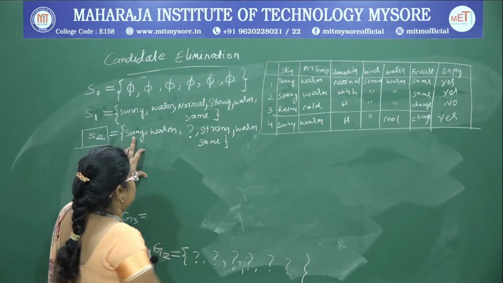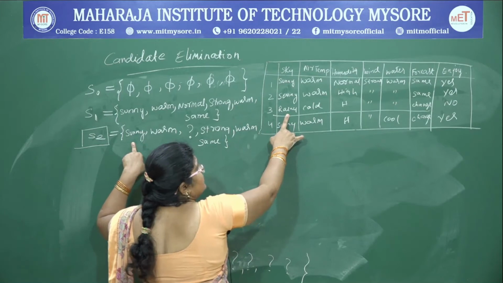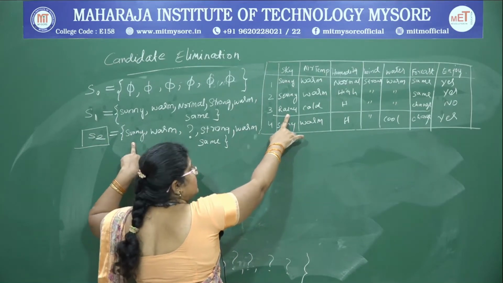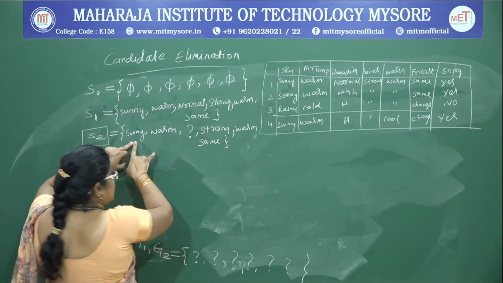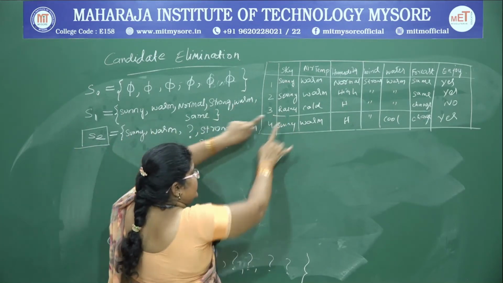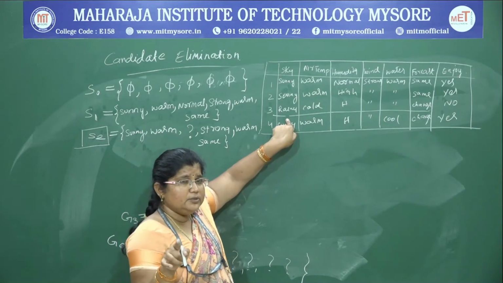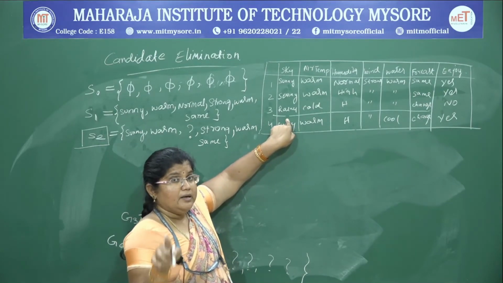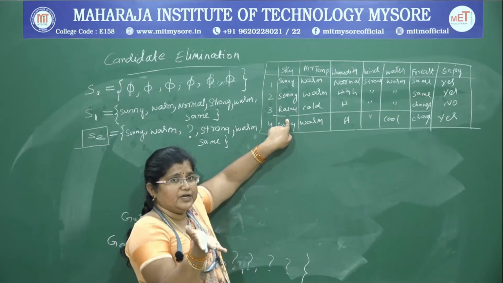Now let us compare. Sunny is compared with the third example's first attribute value, rainy. So Sunny is different, rainy is different. If rainy comes across, then it is said to be a negative training example. But we are moving from generic to specific.